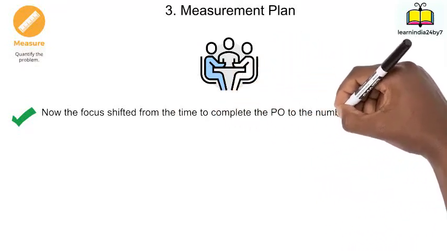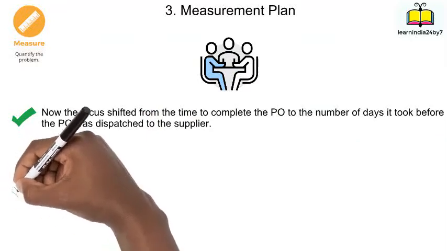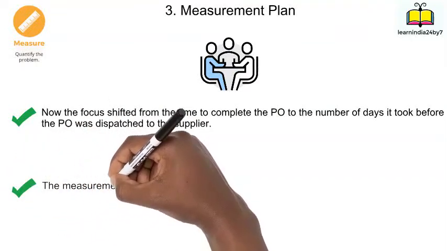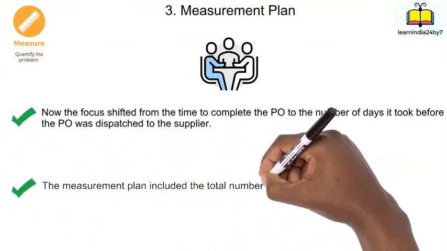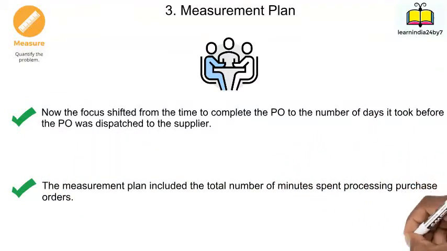With this analysis, the focus shifted from the time to complete the PO to the number of days it took before the PO was dispatched to the supplier. The measurement plan included the total number of minutes spent processing purchase orders.